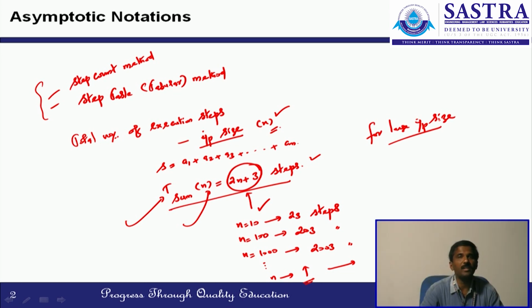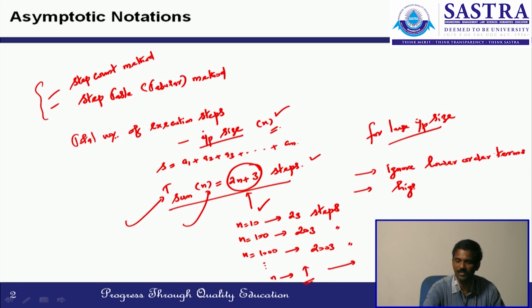How do we represent its computational complexity? For a large input size, in general, we need to ignore the lower order terms and consider the highest order term.